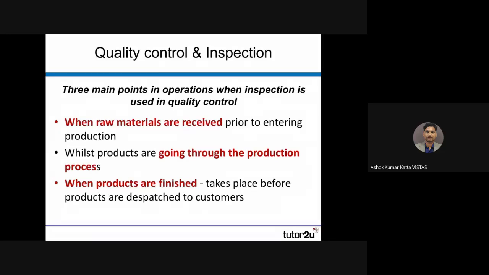Let's imagine a restaurant here. You check the quality of the ingredients that are received in the restaurant, in the kitchen each day. You might just do it on a sample basis, maybe every day, every other day, one day a month, but you're checking the inputs. Also, you check, you control and inspect as the products are going through the production process. So the chef may be doing some sampling on the stuff that his other team are producing just to see whether it meets the standard.